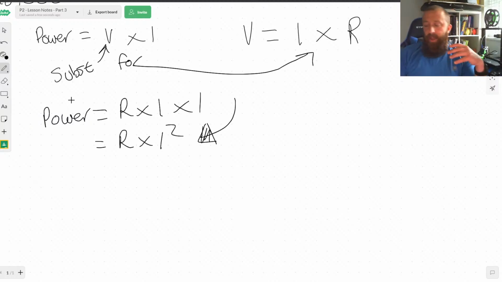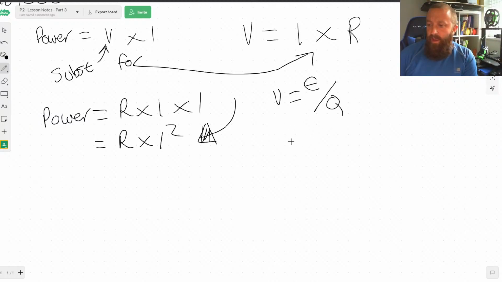The other thing we should have a look at is that we can start trying to link in some of the other ideas we've got. For instance, we know that voltage is equal to energy per coulomb. We know that our current is equal to the coulombs divided by time in seconds.